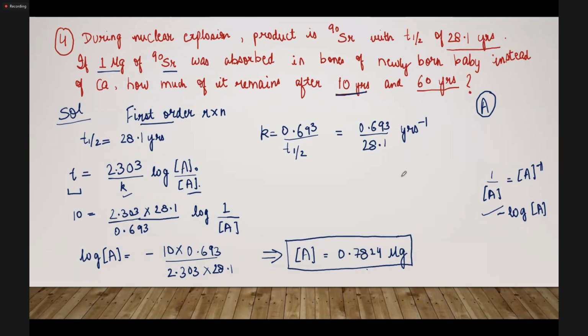Now you have to perform the same thing for 60 years also. So I'll not calculate it. I'll simply write down for 60 years. It would be 60 over here. Zero point.